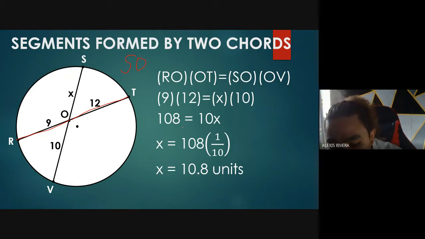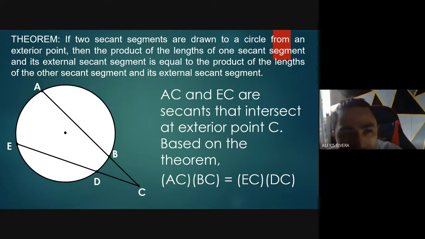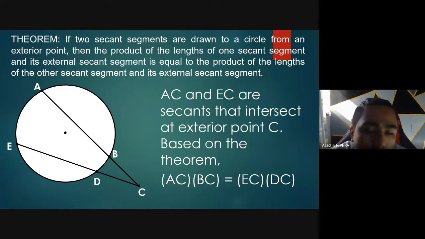Okay, that's good. So that is the first theorem regarding the segments that were formed inside the circle by two chords. Next tayo, doon tayo sa segments that are formed by two secants. So when two secants intersect and meet at an exterior point, the product of the whole secant times the outside segment, ayan, the whole length of the secant times the external segment.